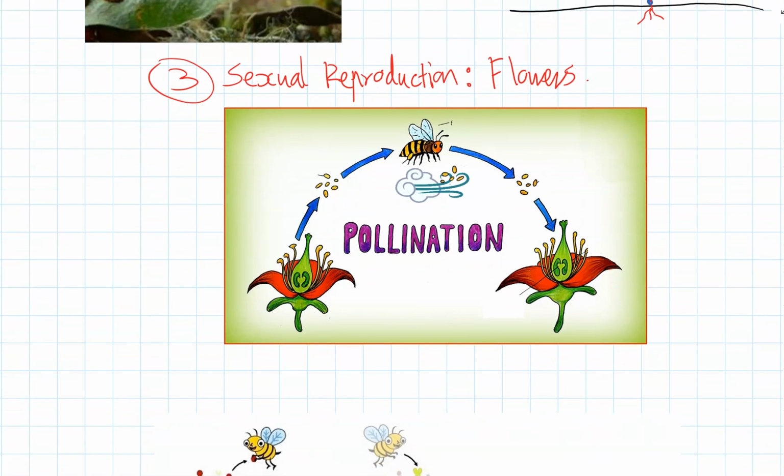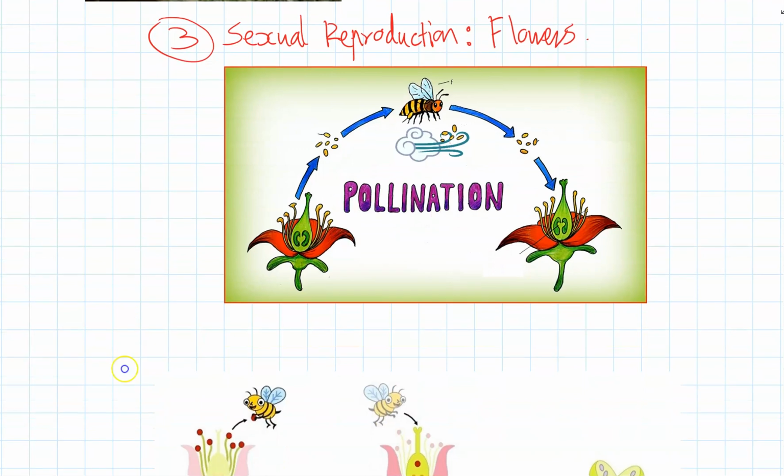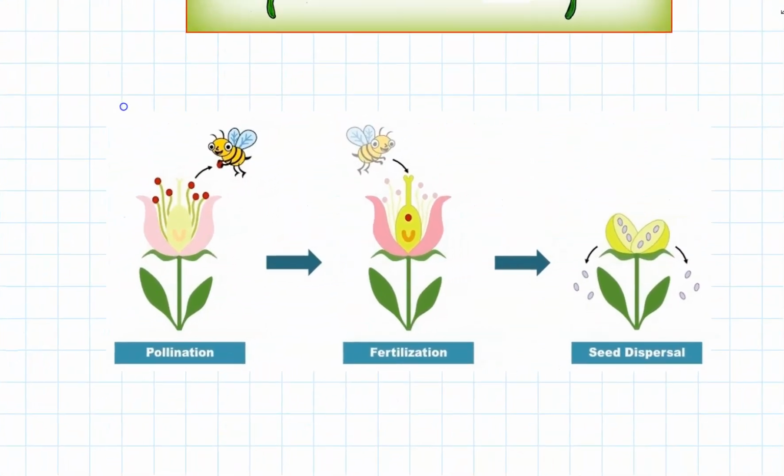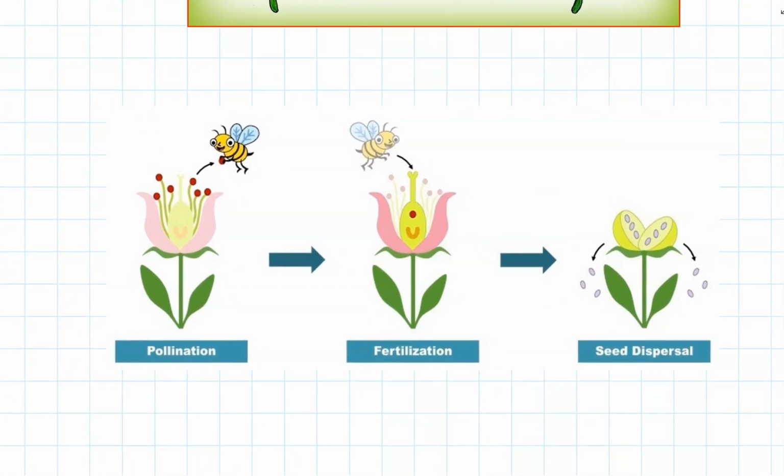So we've already learnt about pollination. Now let's look at how it all fits together into how plants reproduce to make new ones. So let's go back to the start. Remember, we have flowers, and we have grains of pollen which are kept on the stamens of the flower.